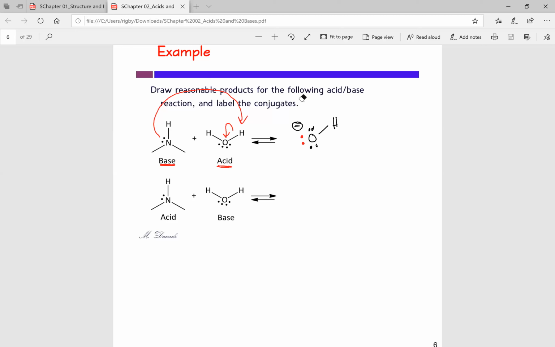And so now we can see that there's our conjugate base, because now it's more likely to accept a proton, and it was our acid in our initial equation. And then we end up with our conjugate acid here.